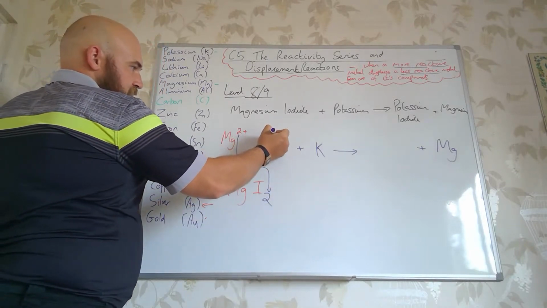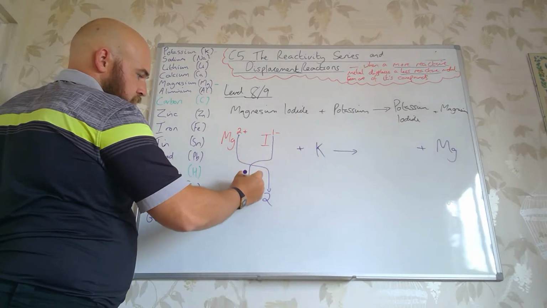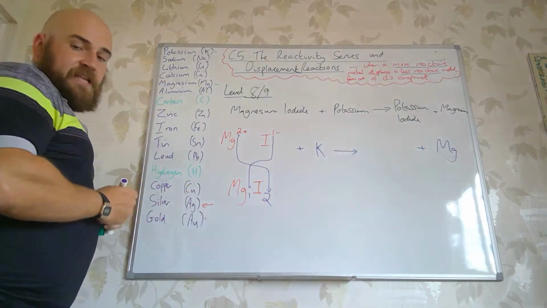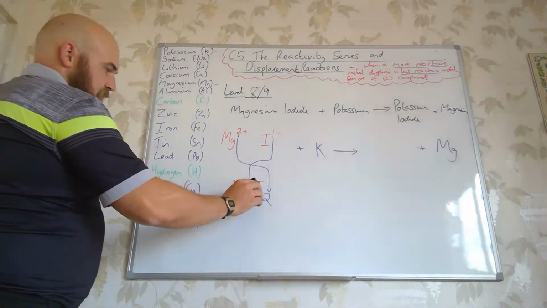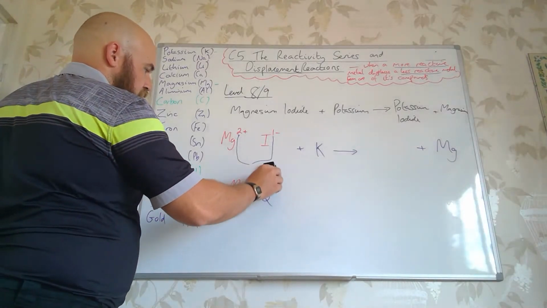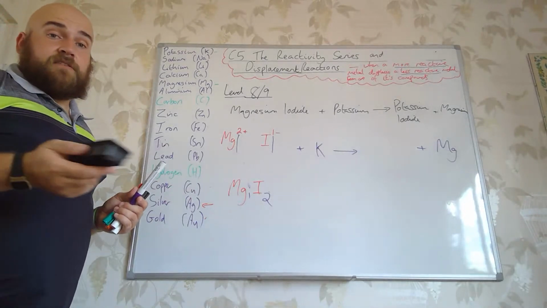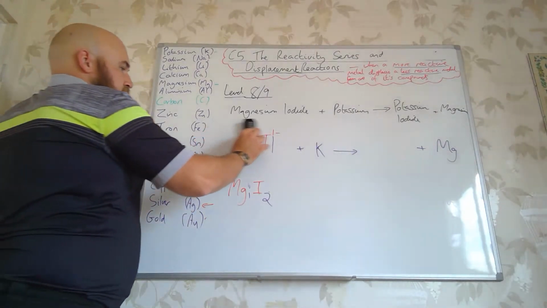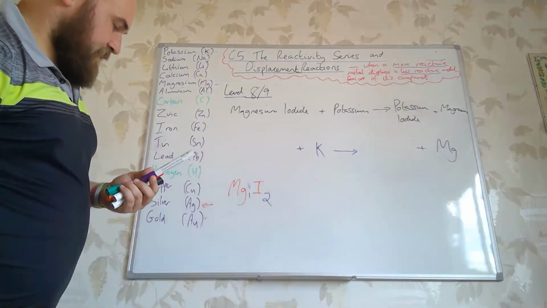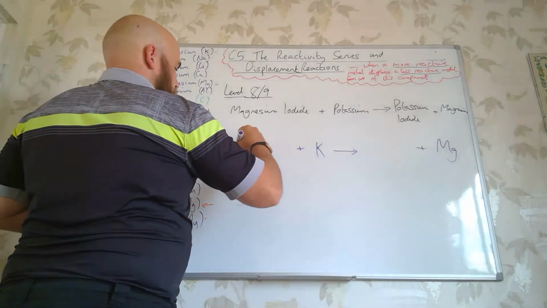And then whatever number is there, which is a 1, goes there. So it ends up being Mg1I2, which is what we worked out using the other method as well. So I'm going to write that as my answer in here. So it's Mg1I2.